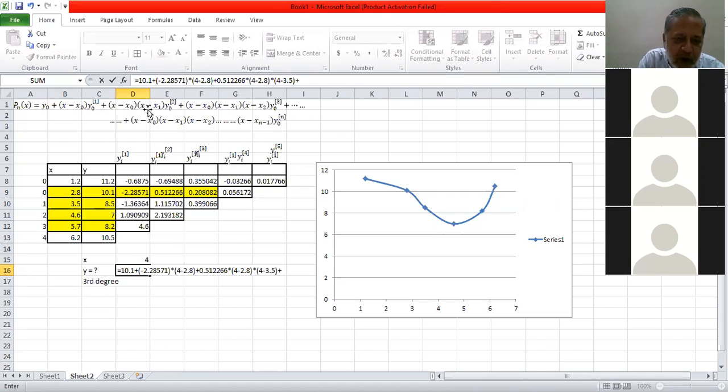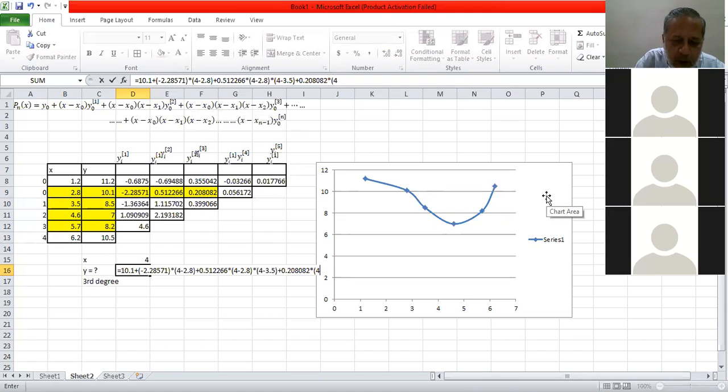That means I have up to now considered second degree estimation. But मुझे थर्ड डिग्री का कहा गया तो मुझे ये टर्म भी लिखनी है. इस टर्म में third order divided difference. Third order divided difference starting at x naught is this. So I use 0.208082 multiplied by 3 factors, x minus x naught, x minus x1, and x minus x2.